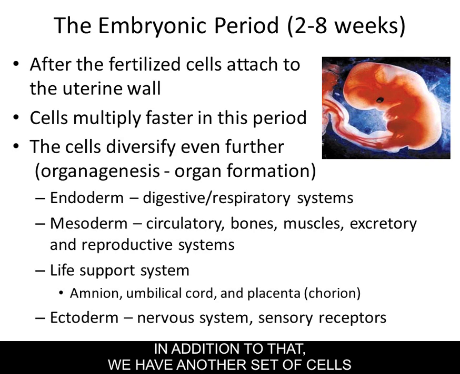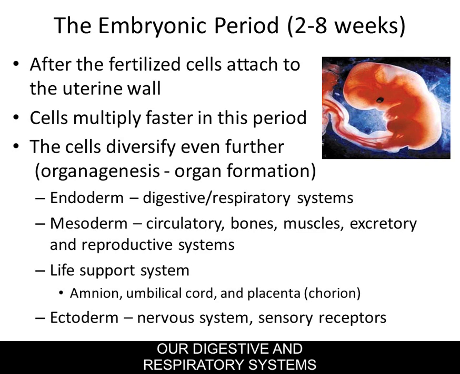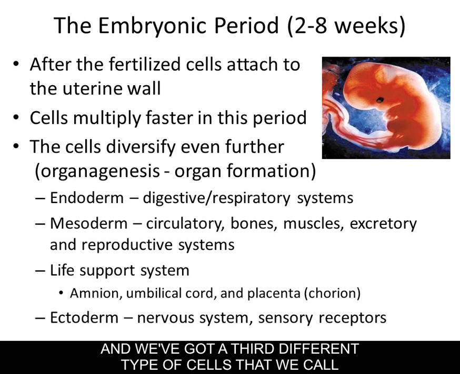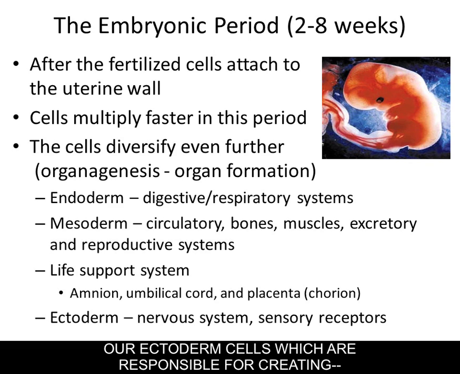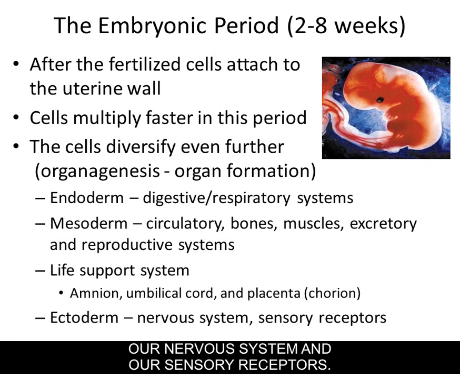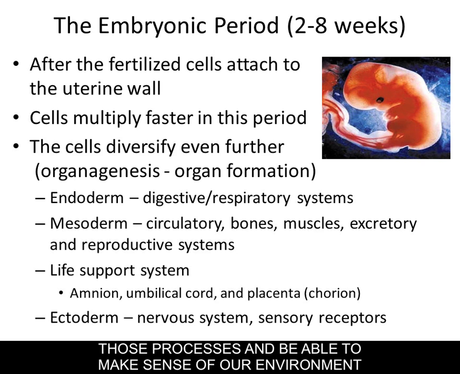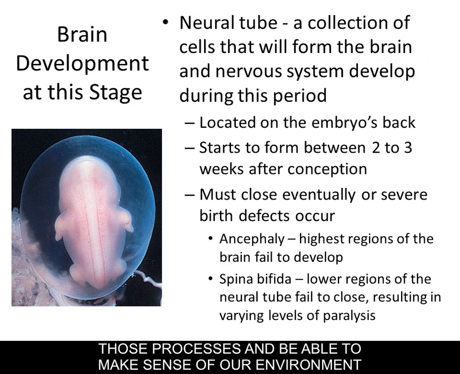In addition to that, we have another set of cells that we call the endoderm cells, which will eventually form our digestive and respiratory systems. And we've got a third type of cells that we call our ectoderm cells, which are responsible for creating, and this is very important for psychology, our nervous system and our sensory receptors. So this is what's going to allow us to have those thoughts, those processes, and be able to make sense of our environment in the long run.